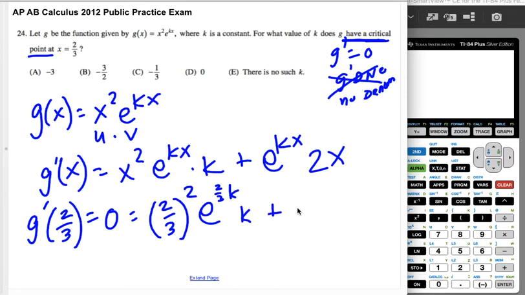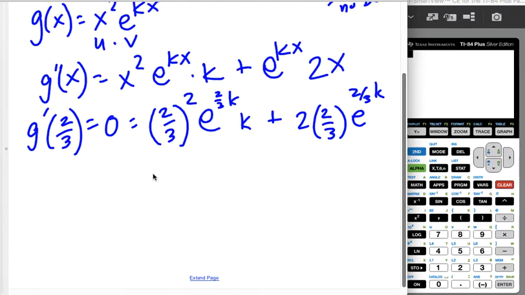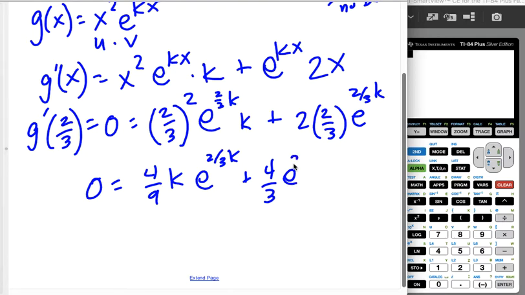Plus, I'm going to go ahead and put the 2 and the 2/3 at the front, e to the 2/3 k. Great. Okay, so I think I get that 0 equals a 4/9 k e to the 2/3 k plus a 4/3 e to the 2/3 k.